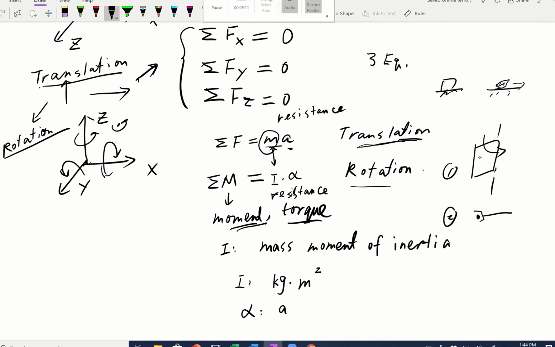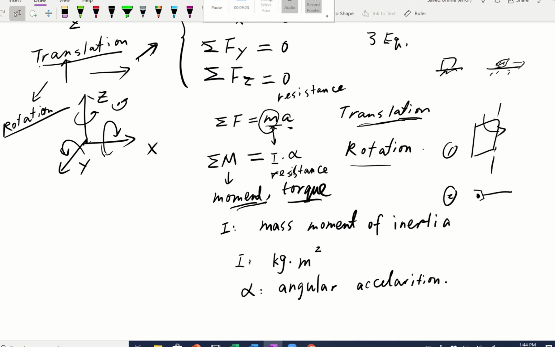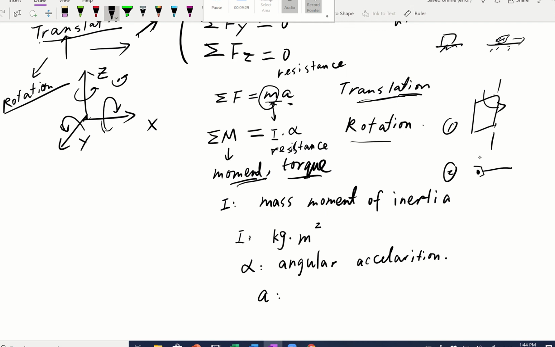It's going to be angular acceleration. So, angular acceleration, now let's discuss the unit. Let's review the acceleration unit. Acceleration is what? Meter per second square, because it's a change in velocity over time. Meter per second divided by time, meter per second square.